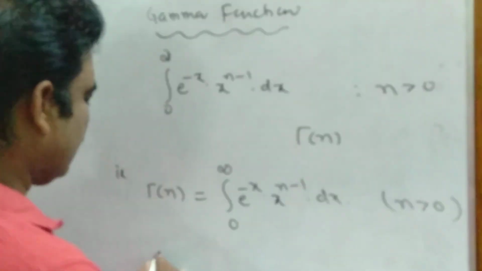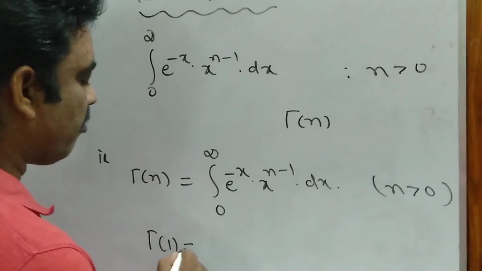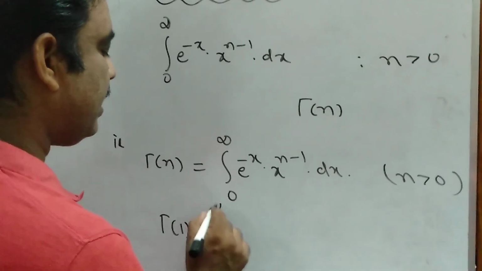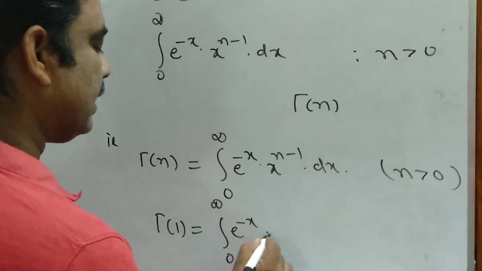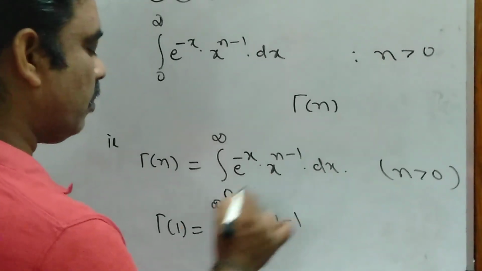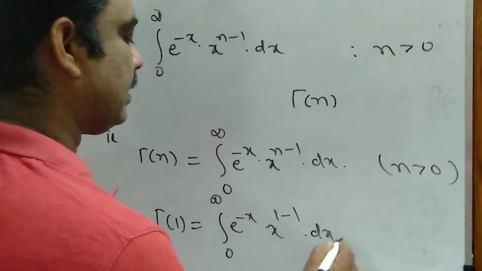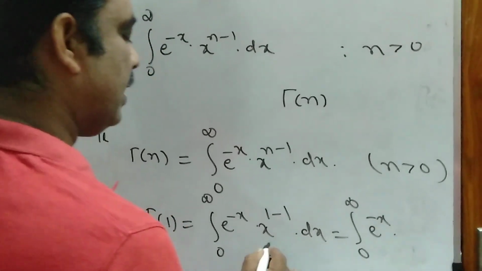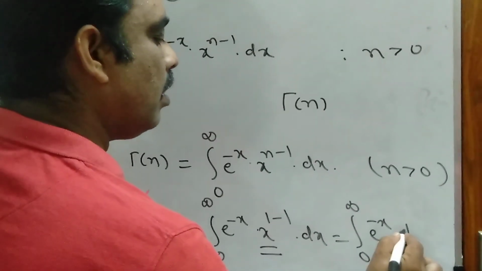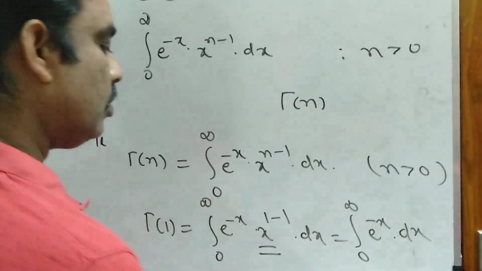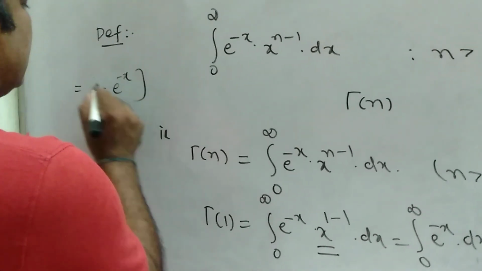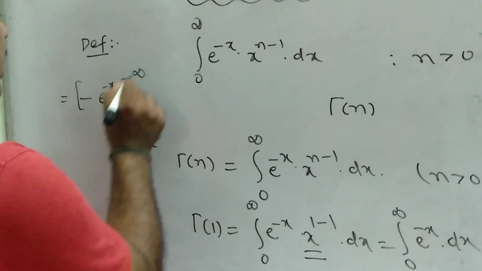So in particular, I want to find gamma of 1. So what is gamma of 1? Integral 0 to infinity e power minus x, x power 1 minus 1 dx. That is integral 0 to infinity e power minus x, x power 0, dx. So the integration is minus e power minus x between 0 and infinity.